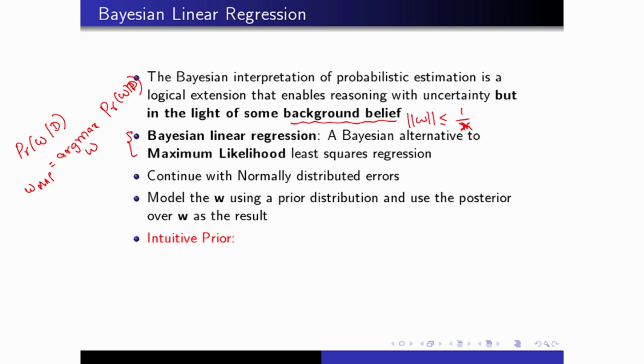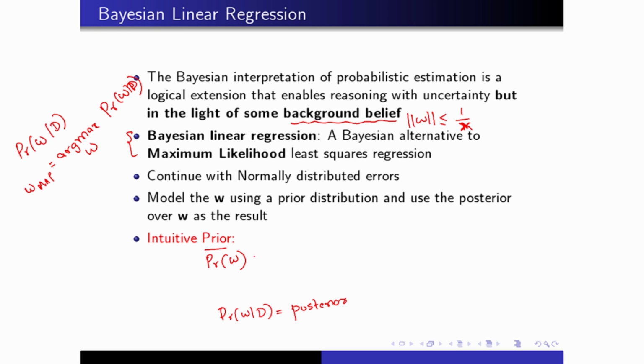This probability of W given D is the posterior after having observed the data, and the prior is exactly what you assume about W, which is before having seen any data.